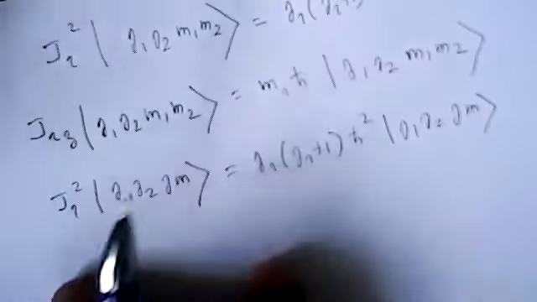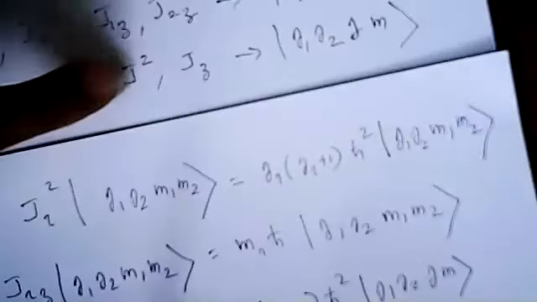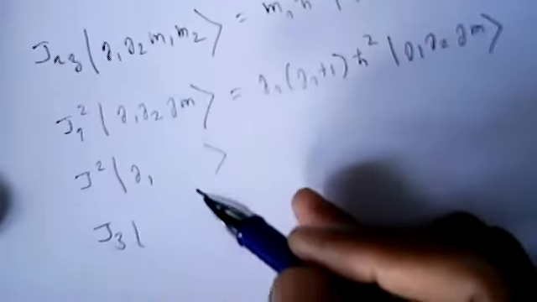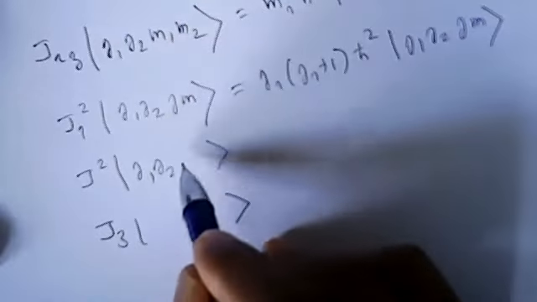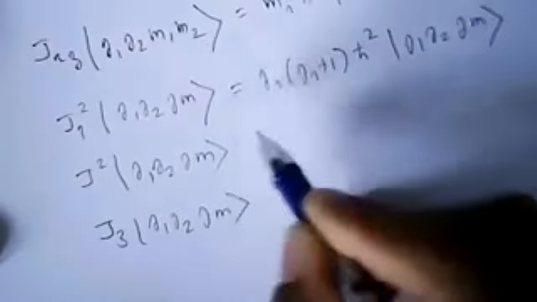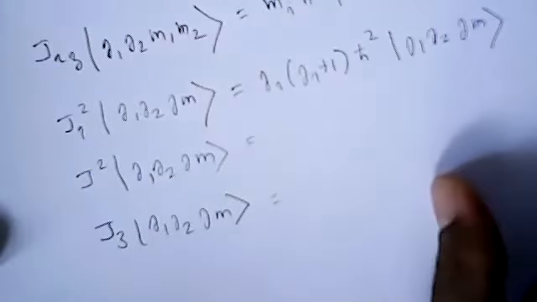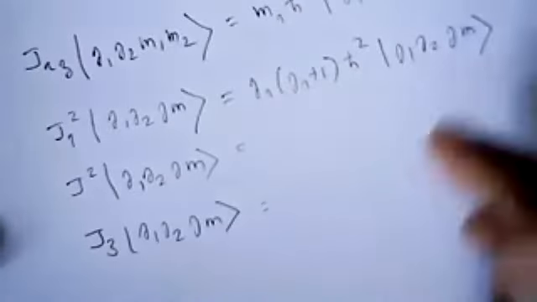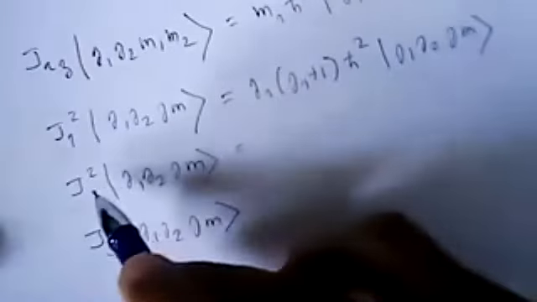Now J square and Jz. So J square acting on this one, Jz acting on this one. What is J square?